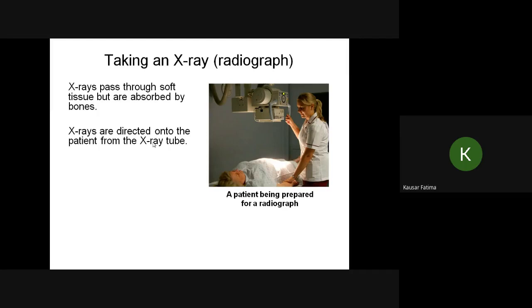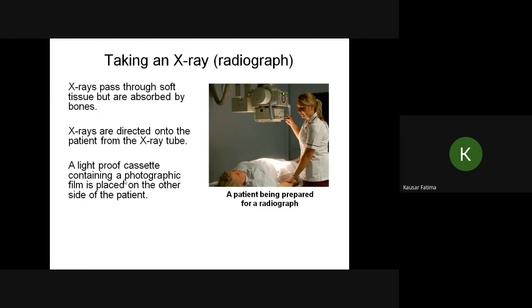So the picture will show the bones, because they cannot pass through the bones. The X-rays are directed onto the patient's body. Other people should keep safe by staying away, and those who operate the setup have to wear proper clothing so that they remain safe from excess exposure to X-rays.